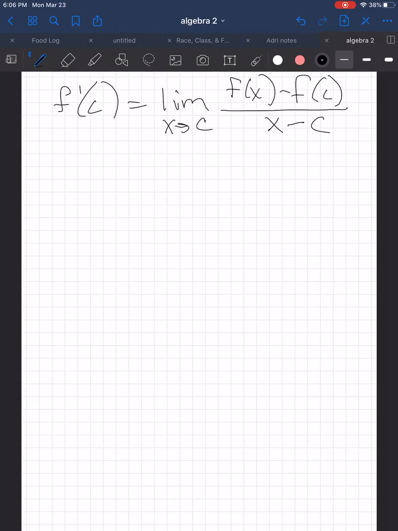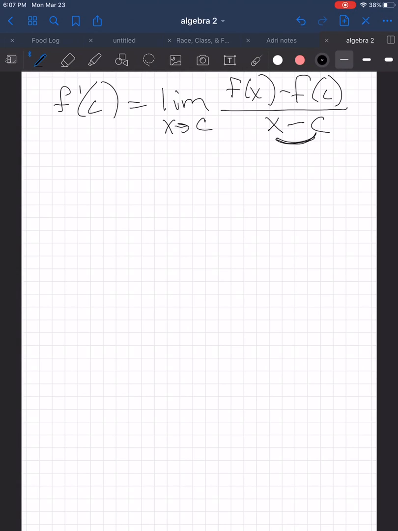If you look at the pictures on page 420, you'll see the secant line that goes through those curves. That's the slope of the secant line. And what happens is we let x and c get closer and closer together so that this difference approaches 0. So the points are almost on top of each other.